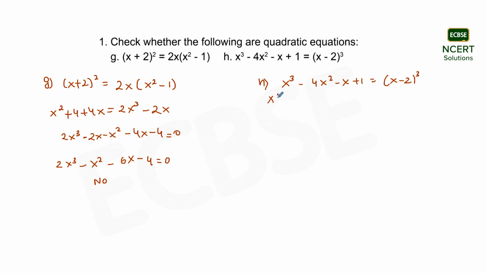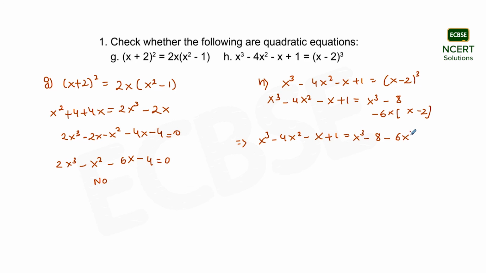So here it will be x cube minus 4x square minus x plus 1 is equals to x cube minus 8 minus 6x times (x minus 2), right? Now, which will be x cube minus 4x square minus x plus 1 is equals to x cube minus 8 minus 6x square plus 12x, right?